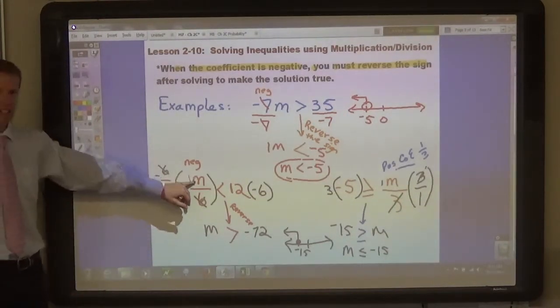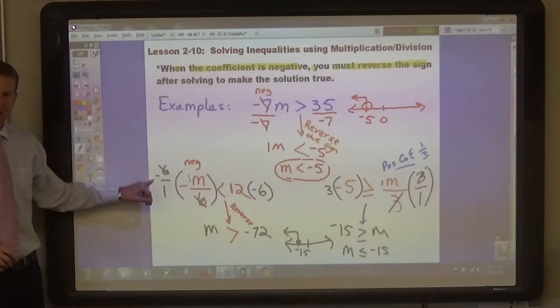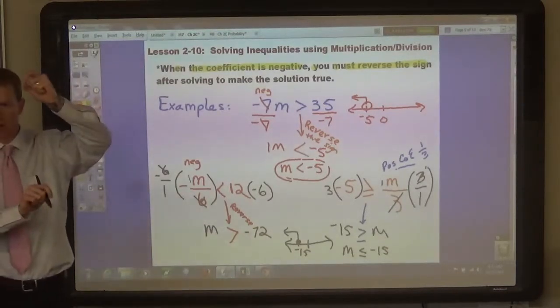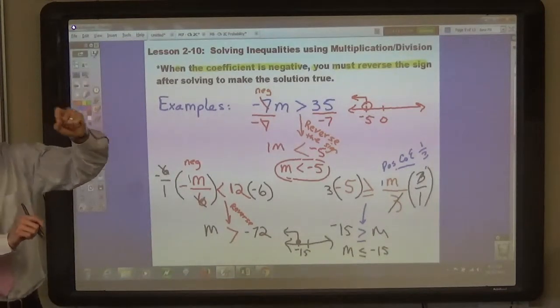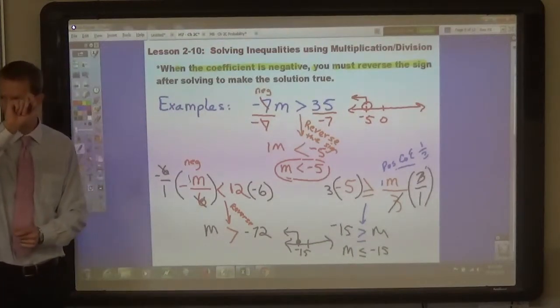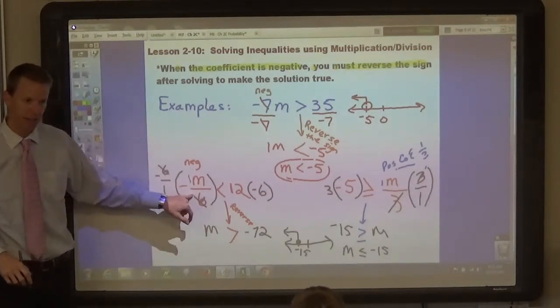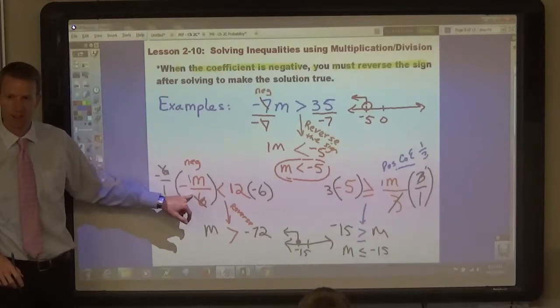It's negative 1/6. The reciprocal is? What's the fraction flipped over? Take the fraction and flip it over from 1 over 6 to 6 over 1. Negative 6 over 1 is the reciprocal.